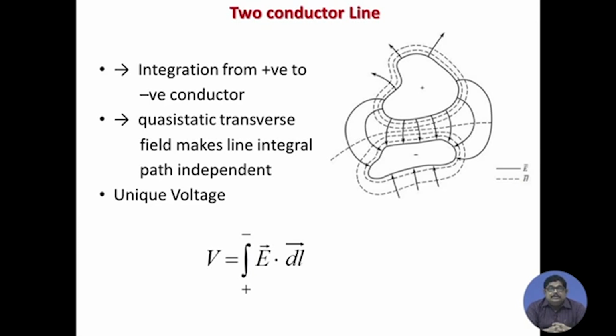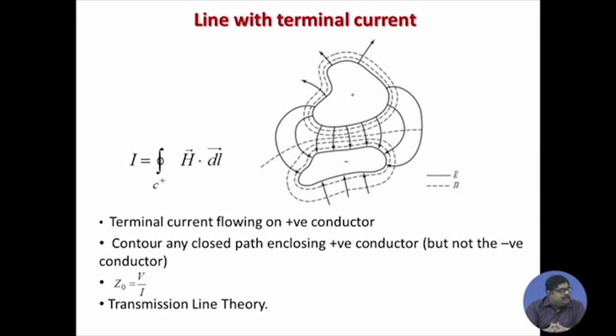Now, in case of two conductor line, this voltage definition is unique. Similarly, we know that the closed line integral of magnetic field gives us current.